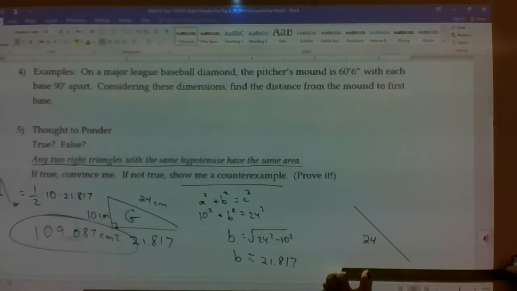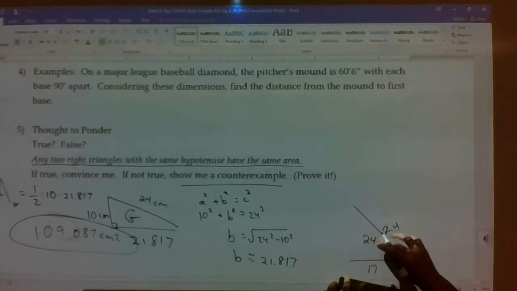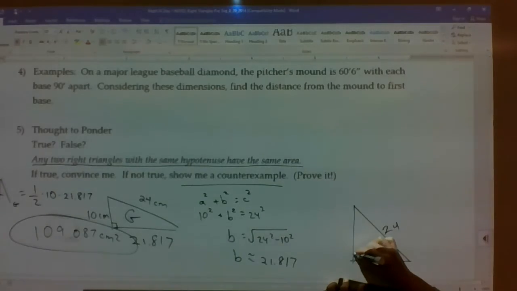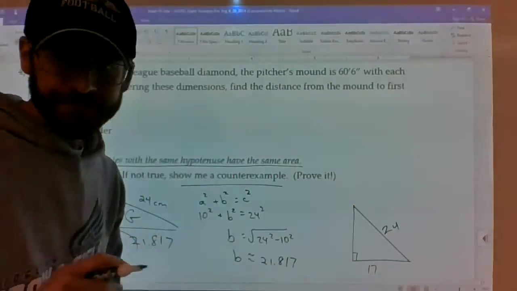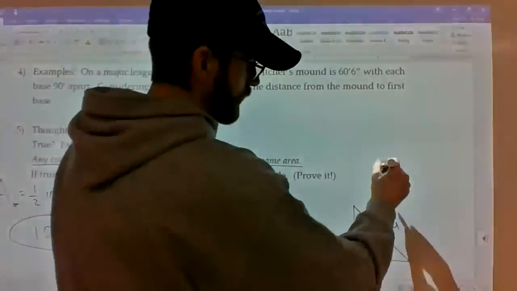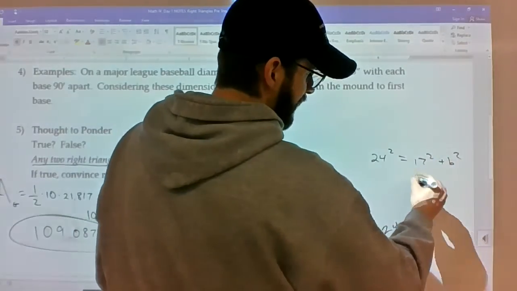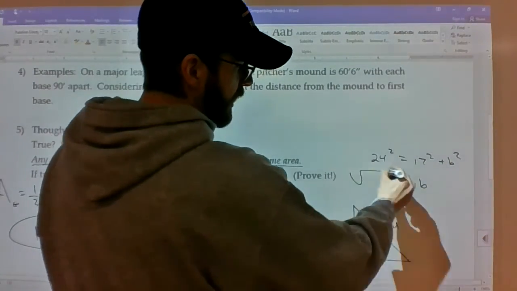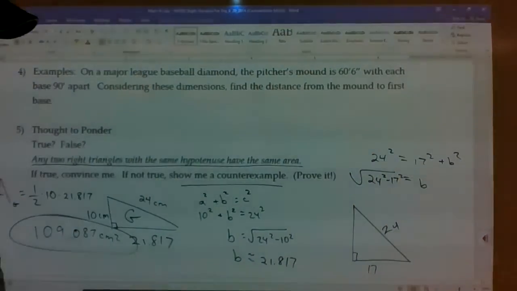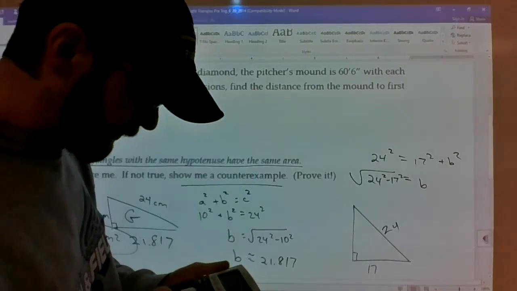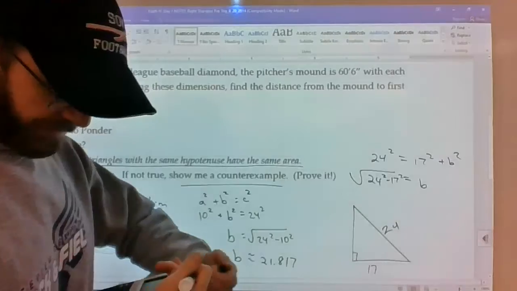This is 17. So then 24 squared equals 17 squared plus b squared. I can find this unknown side by square rooting 24 squared minus 17 squared. So we're square rooting. We're getting closer to the answer. 16.94.